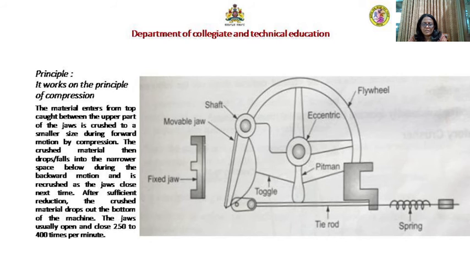The toggle, being easily replaceable, can be replaced. So that is a protection arrangement given in a jaw crusher.